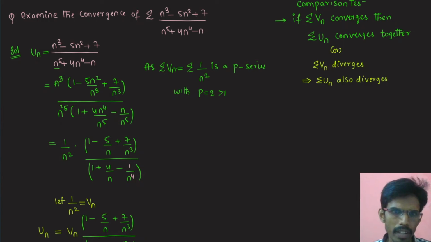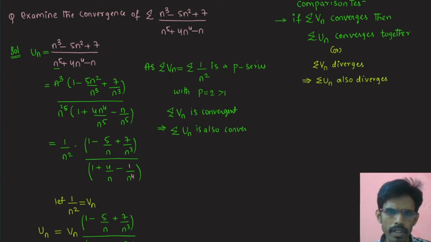When p is greater than 1, the sigma Vn series is convergent. That implies sigma un is also convergent by comparison test.